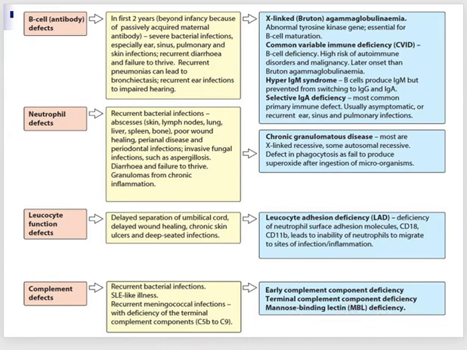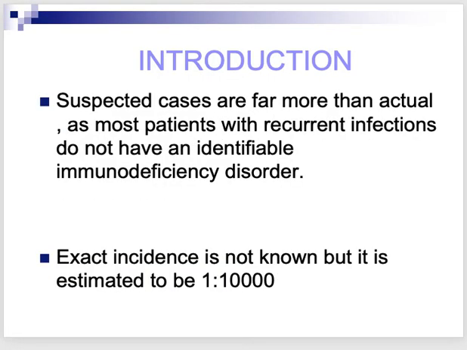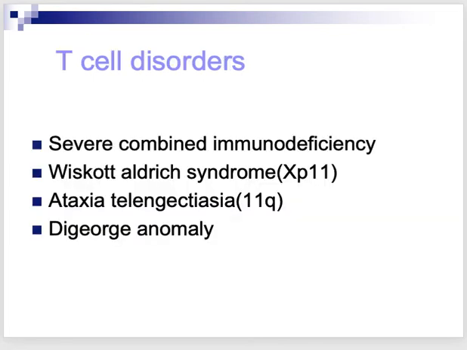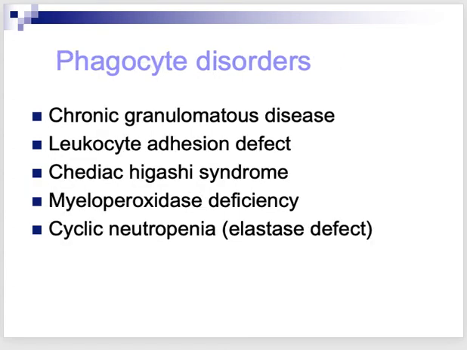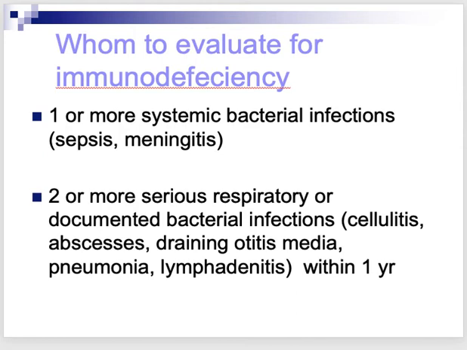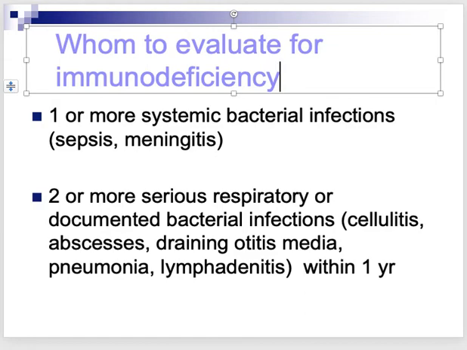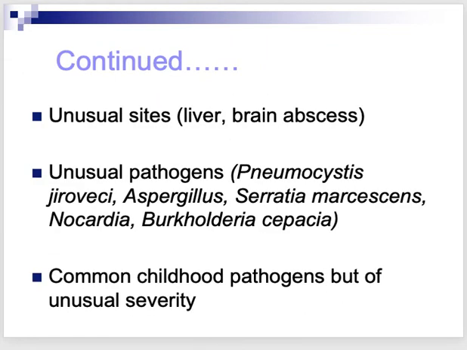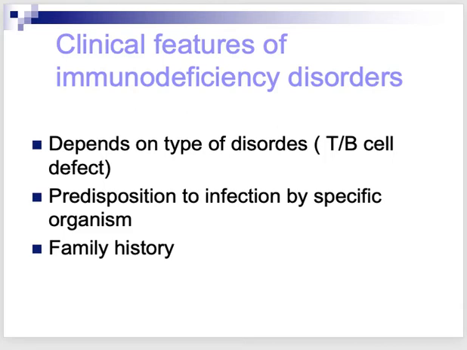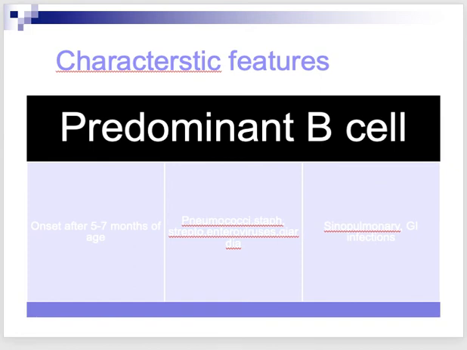By the way, in this slide, as I told you, it is mostly immunodeficiency material that we don't teach, but I'm just giving you an idea of how they present and an overview. In this slide you are going to find onset, complement defects and all this stuff, and physical examination.